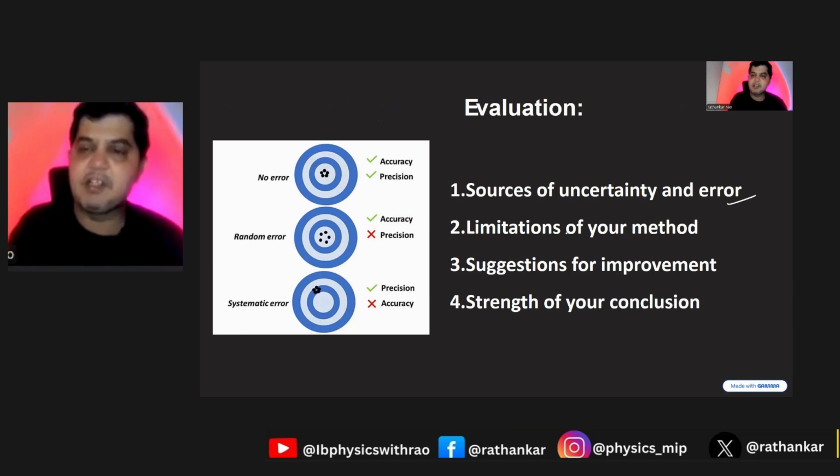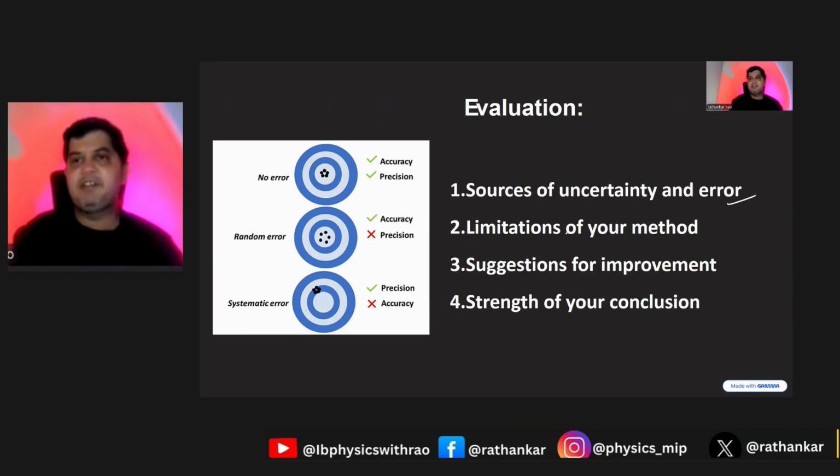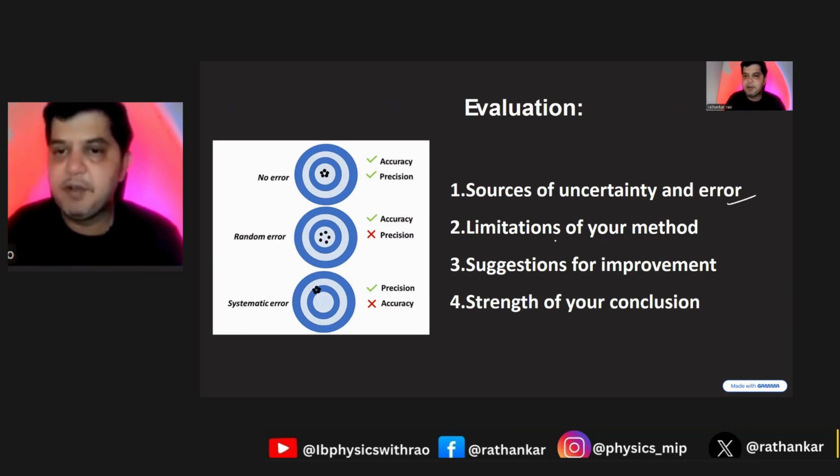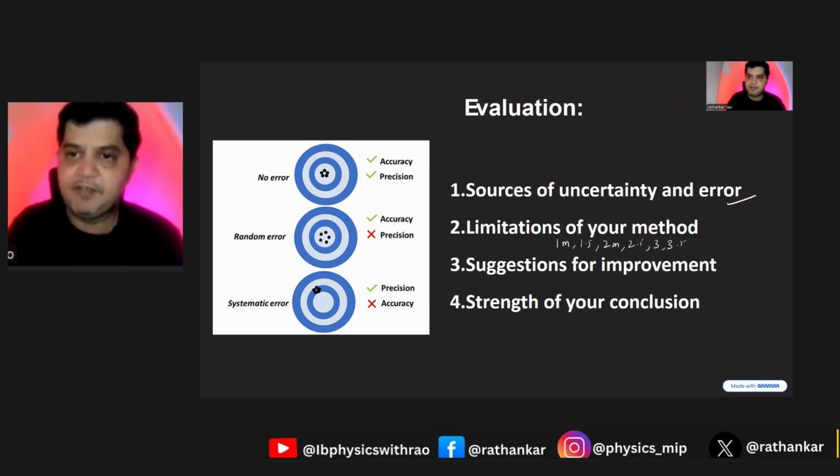Limitations of your method. What are the limitations? Limitations could be, say, for example, you did it for a height of 1 meter, 1.5 meter, 2 meters, 2.5, 3, 3.5. How many? 1, 2, 3, 4, 5, 6. 6 observations I made, until 3.5 meters.